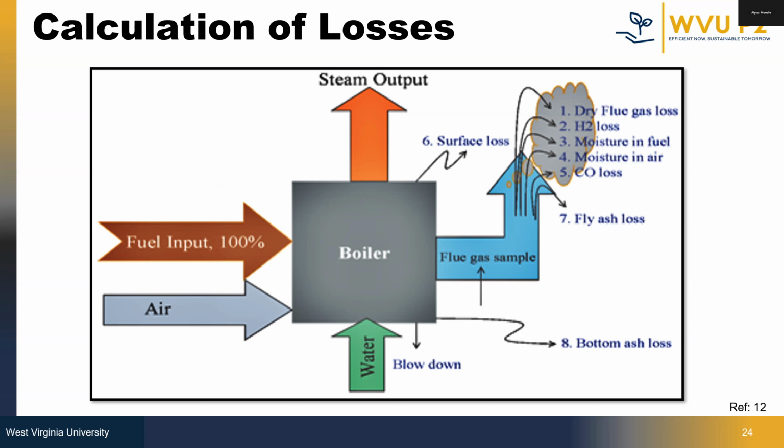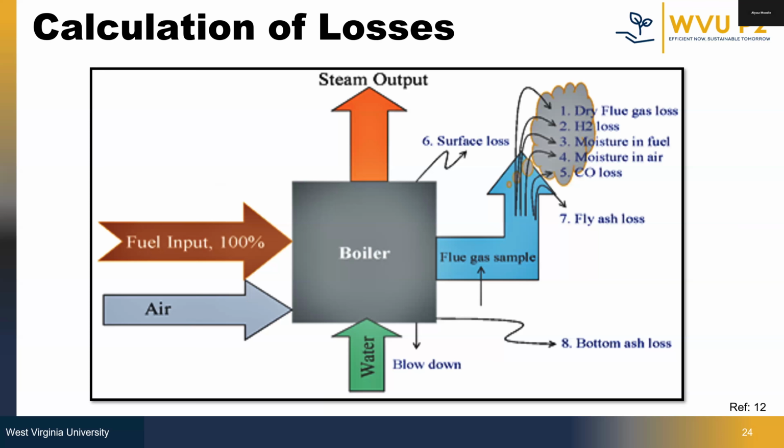Surface loss can be estimated based on the surface temperature and the surface area of the boiler. And again, the surface temperature, not too difficult. The surface area, that can take a little more thought because of the shapes of some of these.